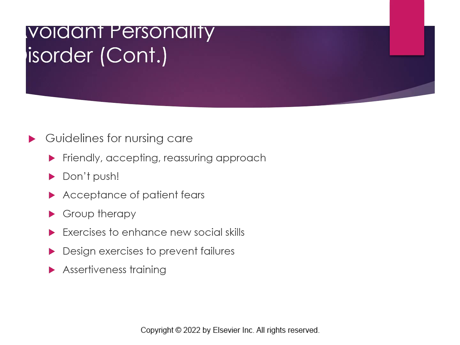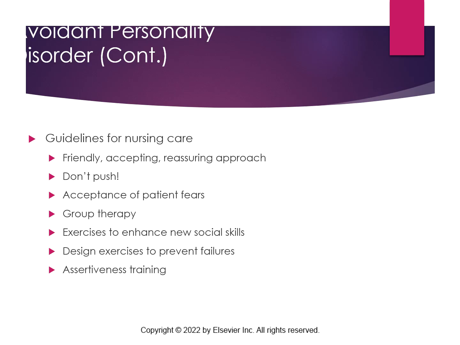For avoidant personality disorder, the guidelines for nursing care are to be friendly, to be accepting, to reassure, and to use those types of approaches. Don't push the patients. Have acceptance of the patient's fears. The therapy that is very helpful is group therapy.